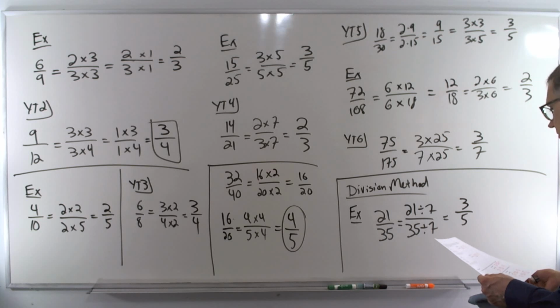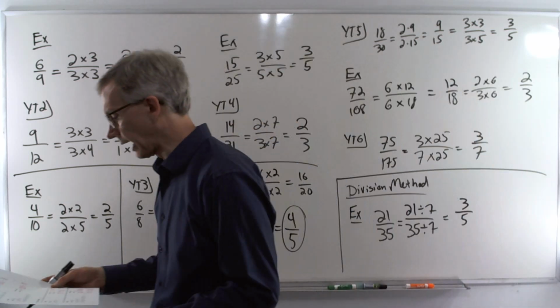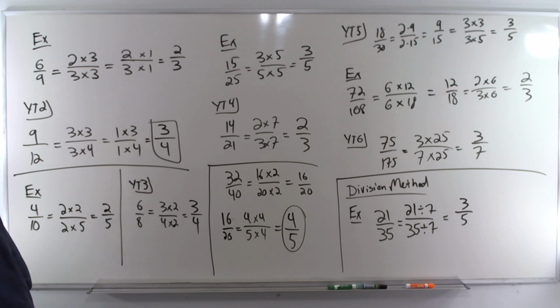That brings us to your turn number 7. Simplify 18/21 using the division method.